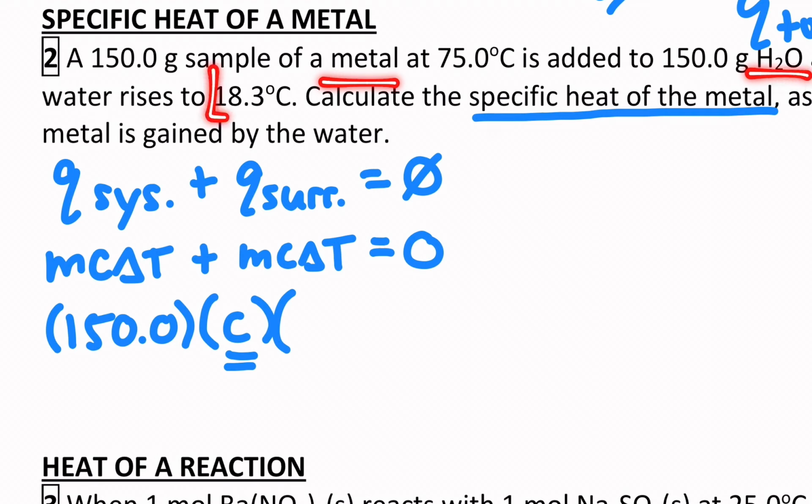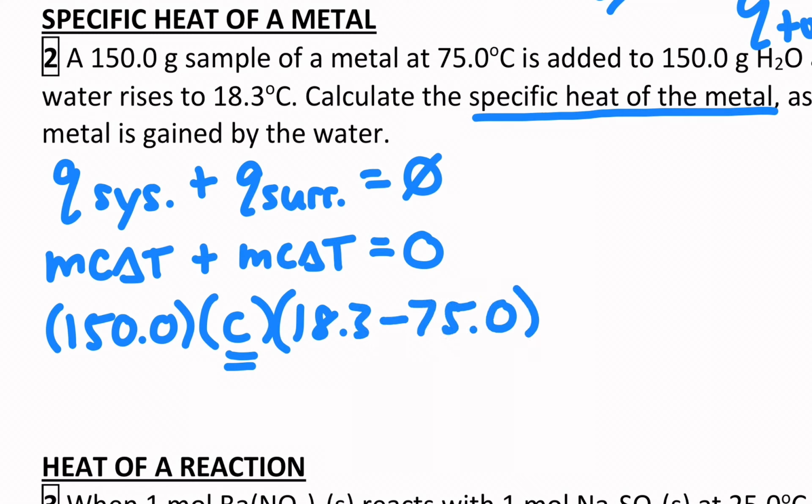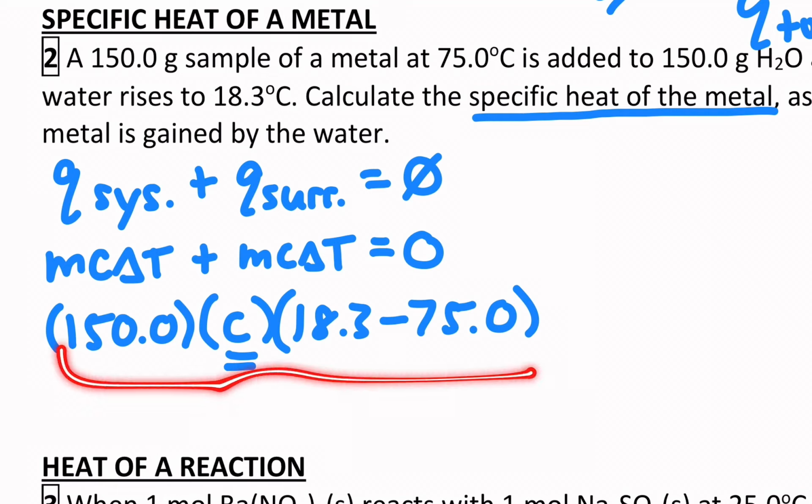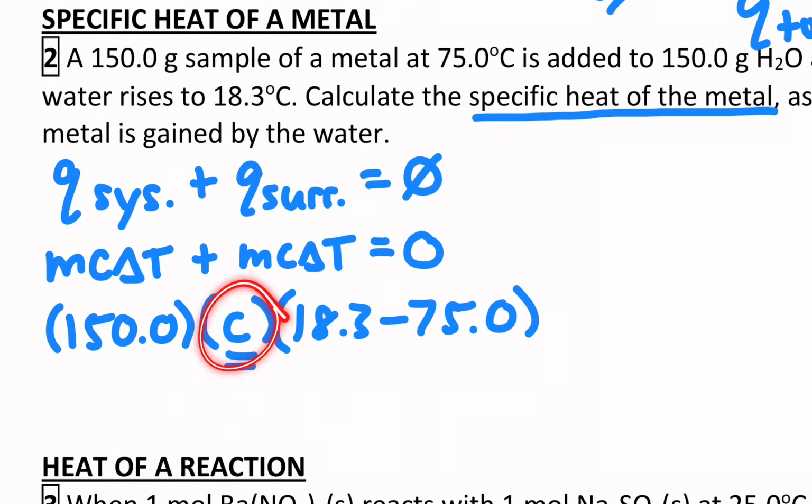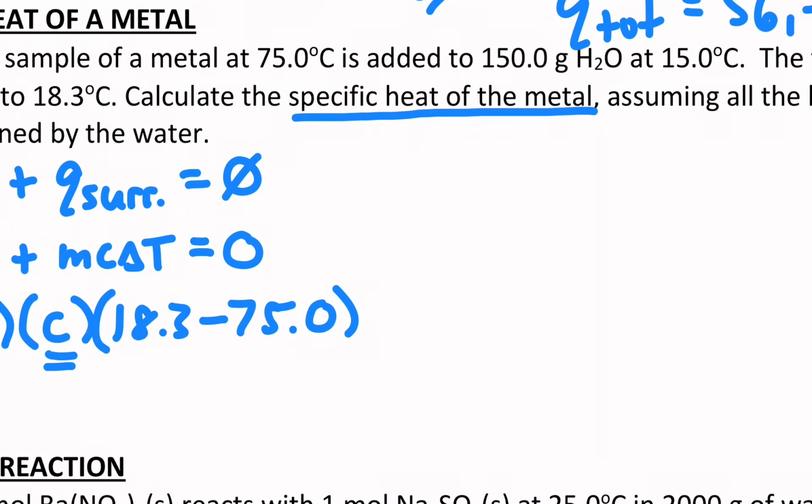They're going to equilibrate to some final temperature. So the final of 18.3 minus the initial temperature of the metal 75.0. And that'll give me my heat related to the metal, but my unknown is buried inside at the C value. What about my surroundings? The surrounding is the MC delta T for the water. So we have 150 grams of water.